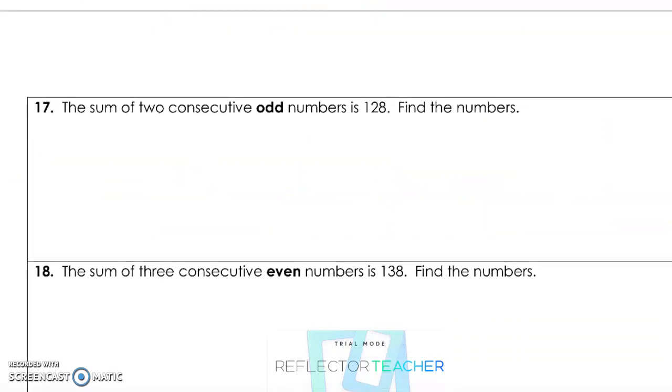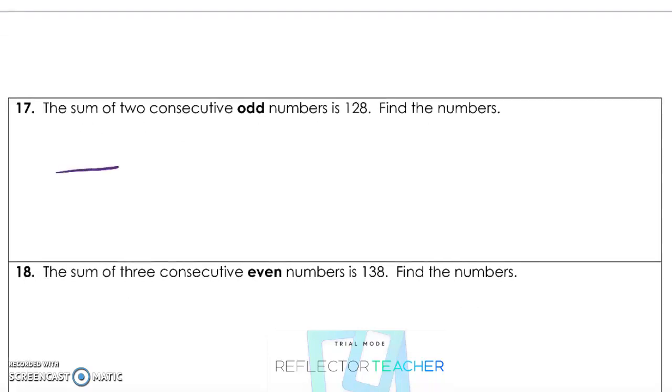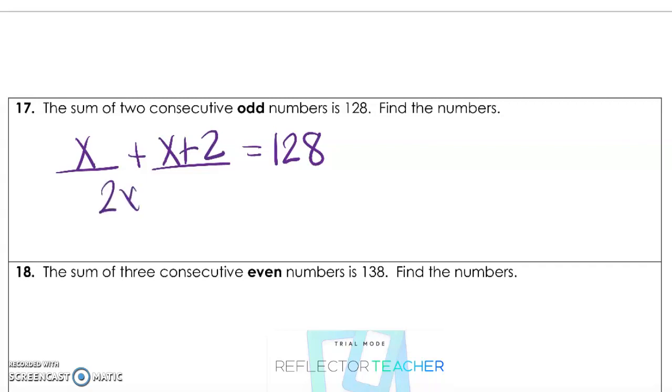17, the sum of two consecutive odd numbers is 128. So two numbers have to add to 128. So x, and then again, the next odd one is 2 away, so x plus 2. So 2x plus 2 has to equal 128.